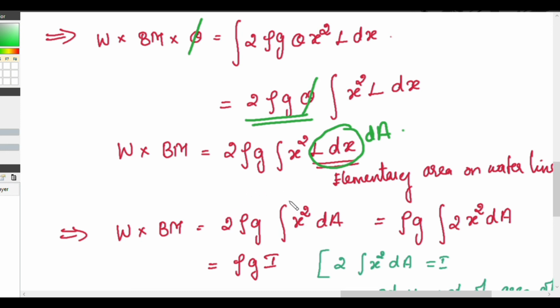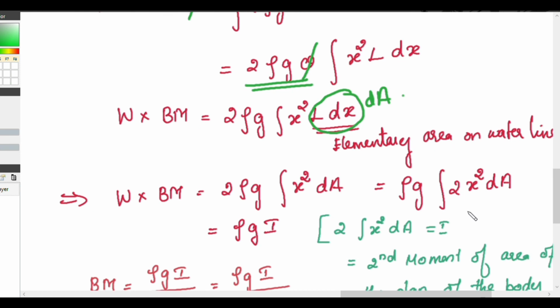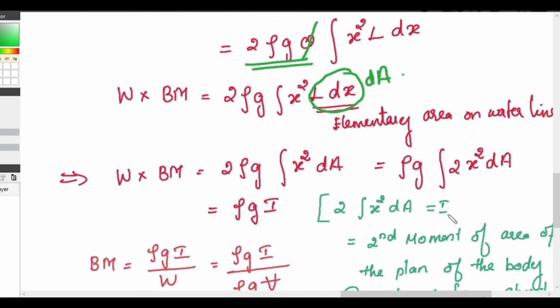You are taking this 2 inside in order to relate it with the moment of inertia, because this is our neutral axis, and we have x on the right side and x on the left side, so it becomes 2 times.